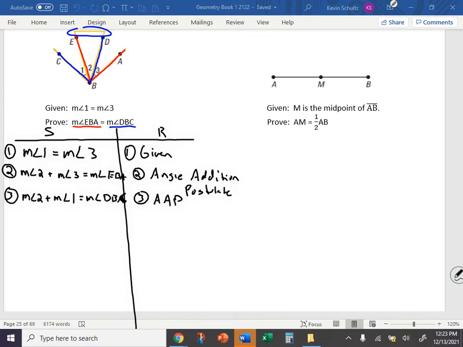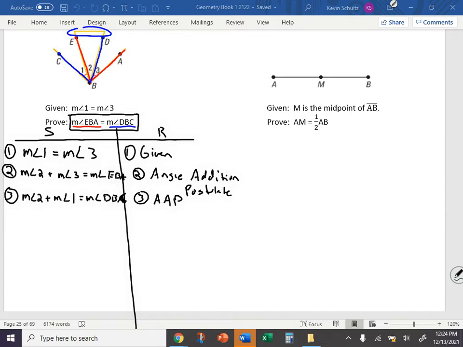Now our goal is, what we've got now, we have two equations. One of them equals EBA, the other one equals DBC, and we essentially want to get that broken down into one equation where EBA is alone on one side and DBC is alone on the other side, showing that they are equal to each other.